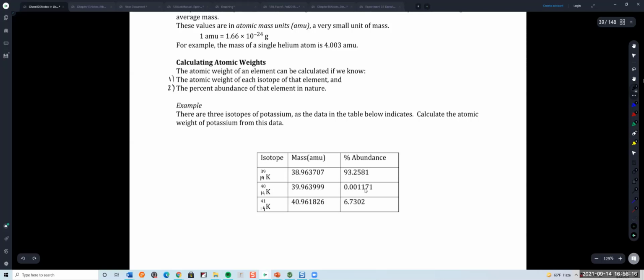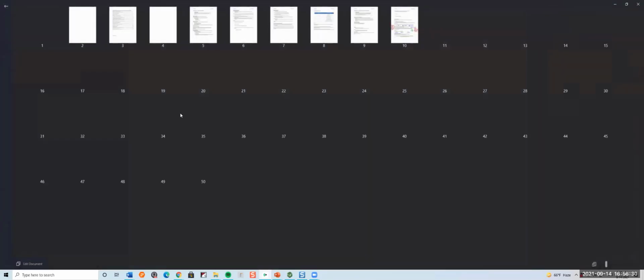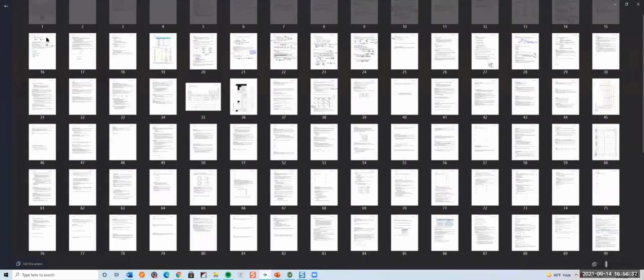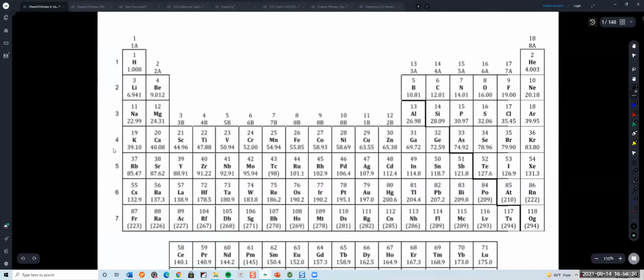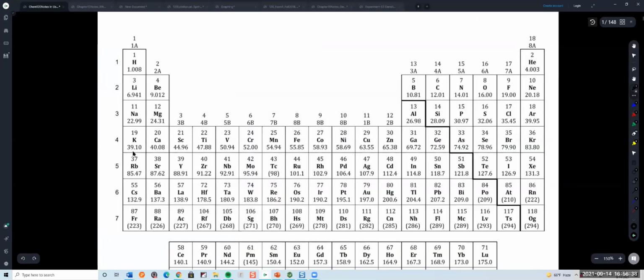Potassium 40 is much, much less frequent than potassium 41 and potassium 39. So I want to calculate the average mass. In other words, I want to be able to get this number right here. I want to be able to show where that comes from.